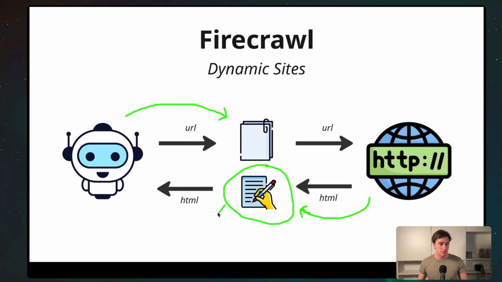And once this is ready, then we can have it. Once again, this is the reason why sometimes an HTTP request to a dynamic site is going to fail. Generally speaking, dynamic sites include Google searches, maps, social media, and all of these things.